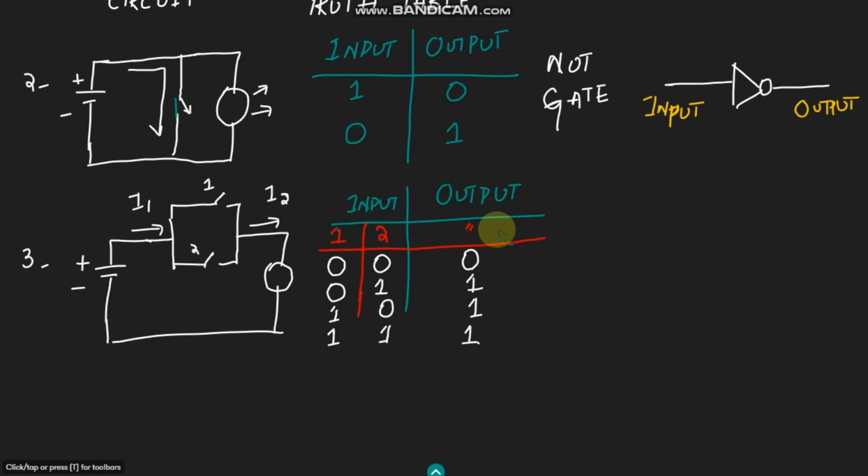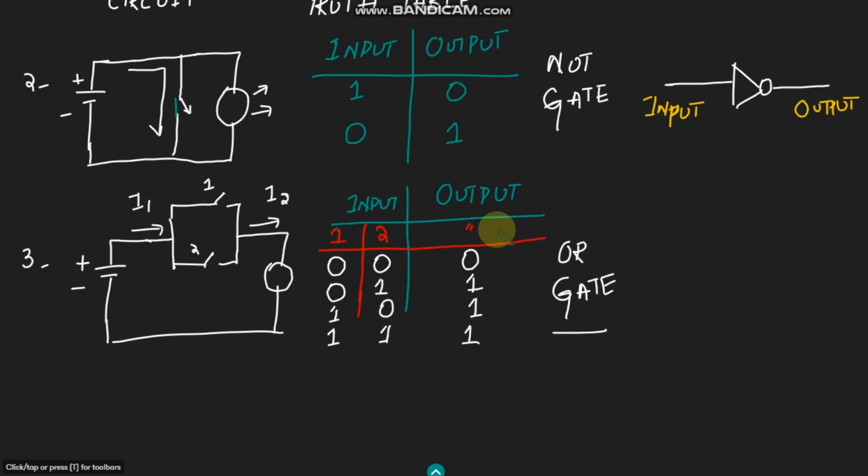So here we can see that the output will be on if any of the inputs is on. Okay, so if 1 or 2 is on, we will get the output as on. So therefore due to this ORing or this OR statement, this gate is called the OR gate.